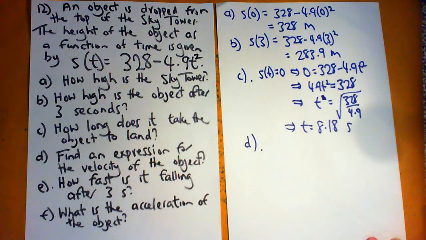Part D, find an expression for the velocity of the object. Well, that means we need to get from the height to the velocity. That is a job for differentiation.